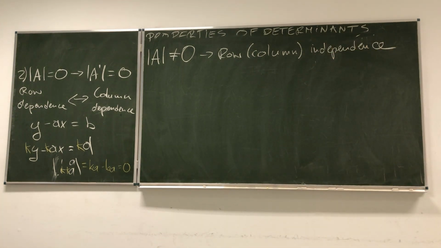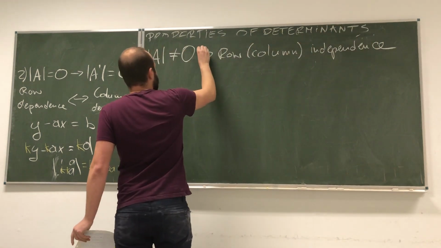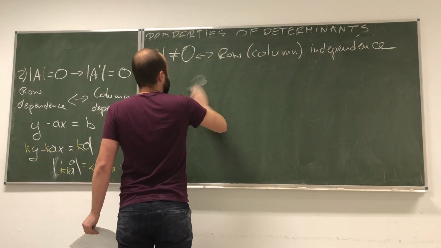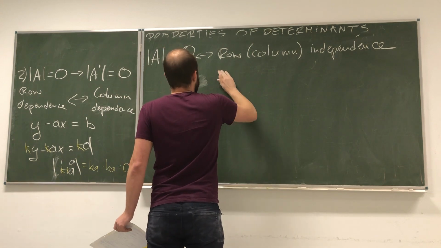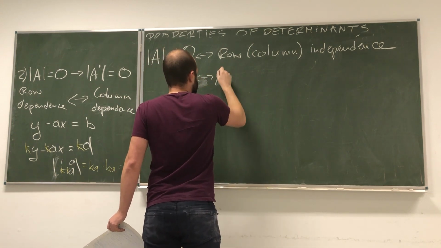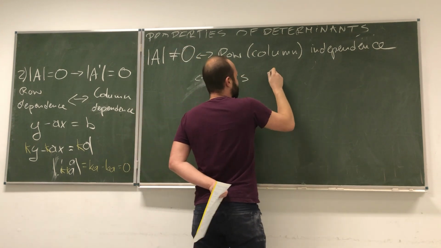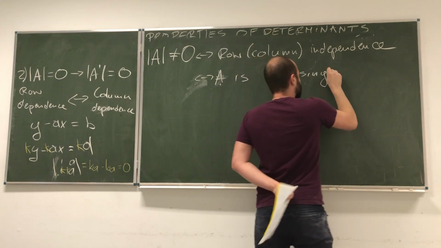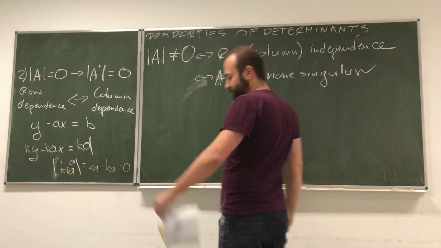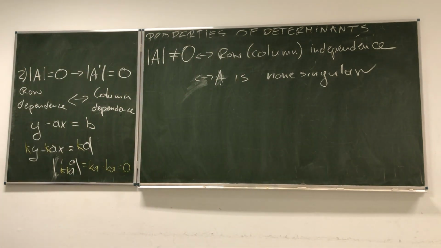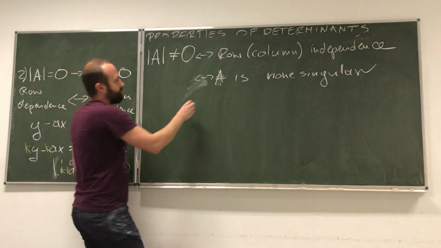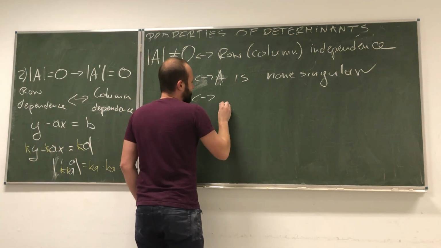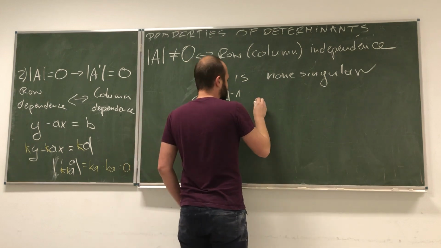But this, in turn, also gives us that A is non-singular, and because A is non-singular, we can say that the inverted matrix A exists.